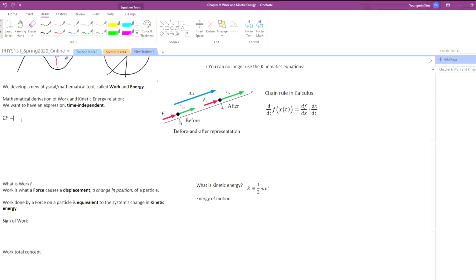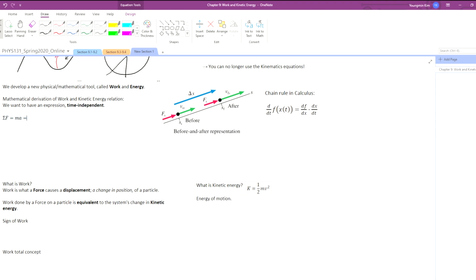Okay, so I'm going to derive here, starting from Newton's second law, mathematically the concept of work and kinetic energy. So take a look at here. All right, so let me see if I can do this by typing. We know that the sum of forces, the net force, is equal to ma.